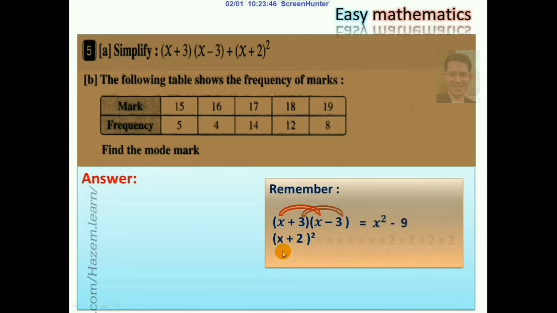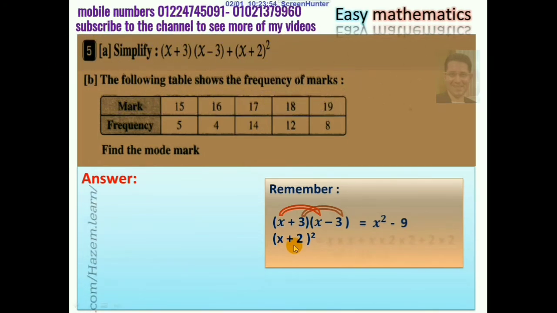The second brackets, when we have here any brackets raised to power 2, how to solve it or to open it? As a first, we must multiply the first by itself, multiply x by x, like that. And when we want to find the middle term, we multiply x by 2 by 2, like that. And we multiply finally 2 by itself, like that.